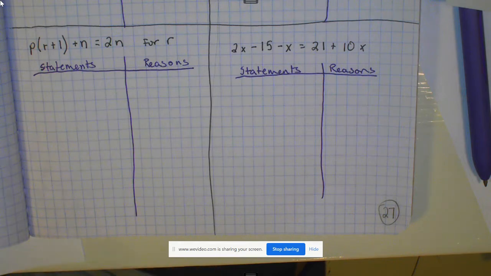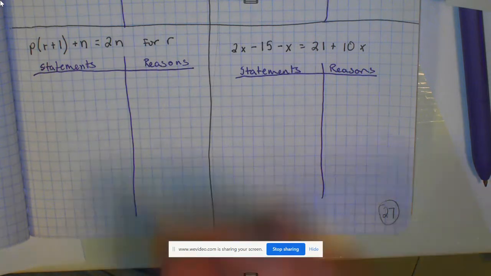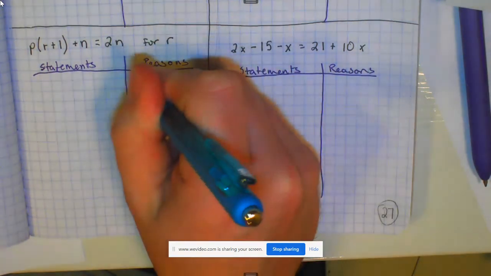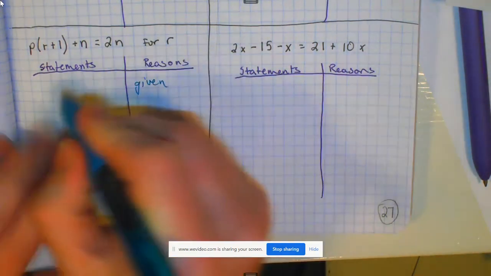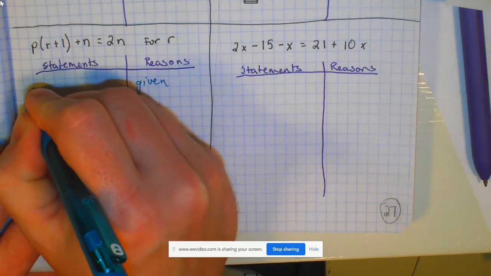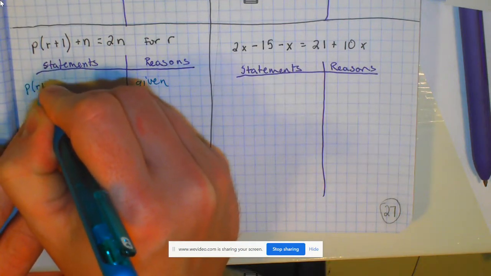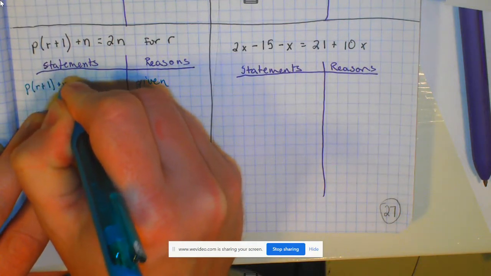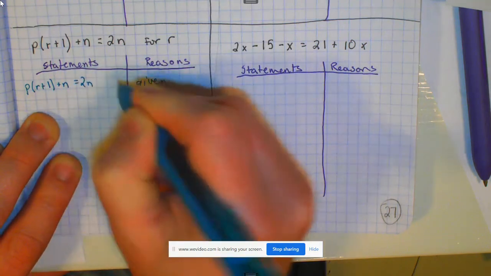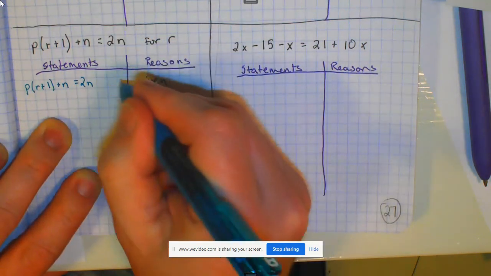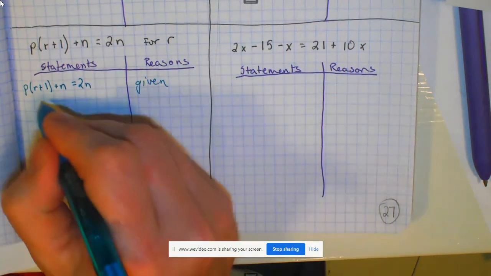Okay, so our first statement is what they provide us, and then our reason is given. So we're going to say P(R plus 1) plus N equals 2N. And you could put 4R there if you want. You don't have to, though.